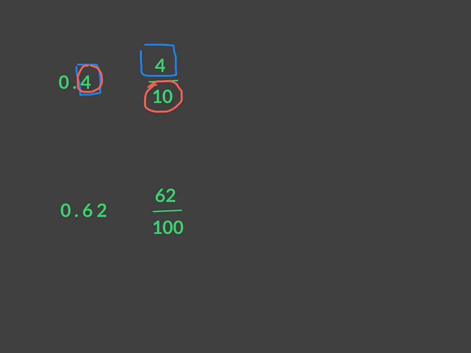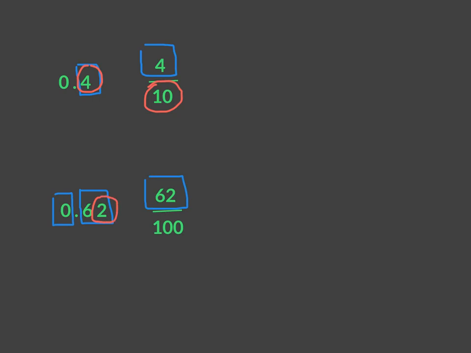Let's look at our second example, 0.62. The number to the left of the decimal is a 0. There's no need to place a 0 before a fraction. Therefore, we look at the number to the right of the decimal, 62. That becomes our numerator. Our next step is to look at the digit to the far right, 2.